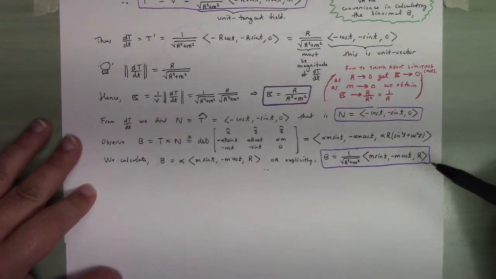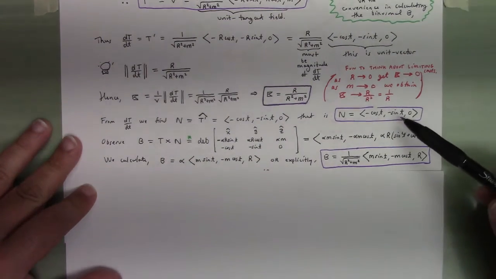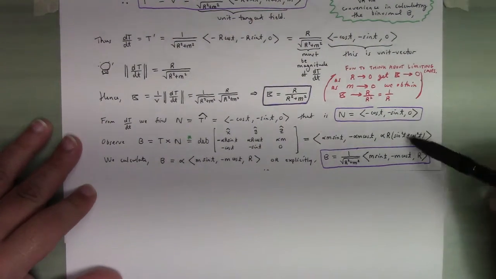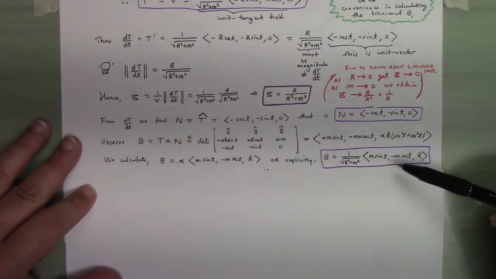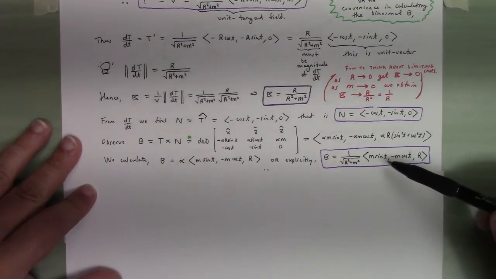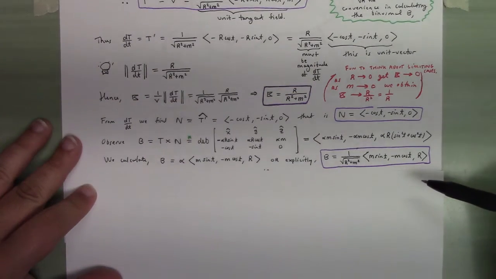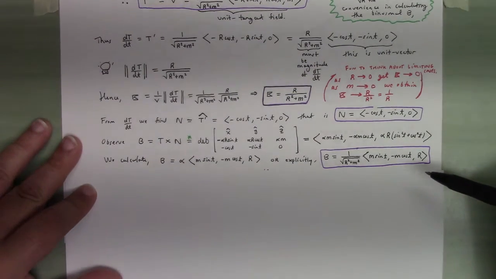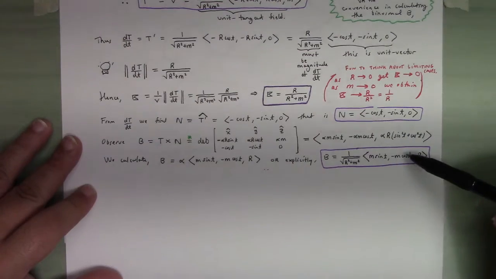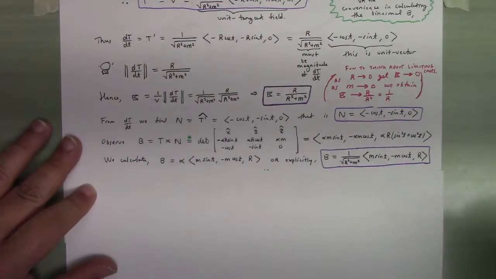And that comes either because these are matching with pluses and minuses, or in the case of the B dot T, it happens because you get a minus sine squared, a minus cosine squared, and so you basically get plus or minus mr from the xy versus the z when you take the dot product.